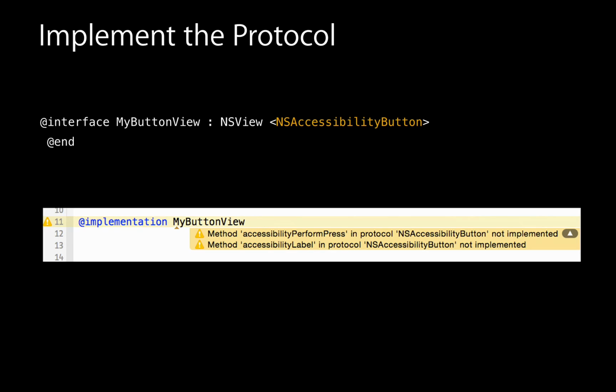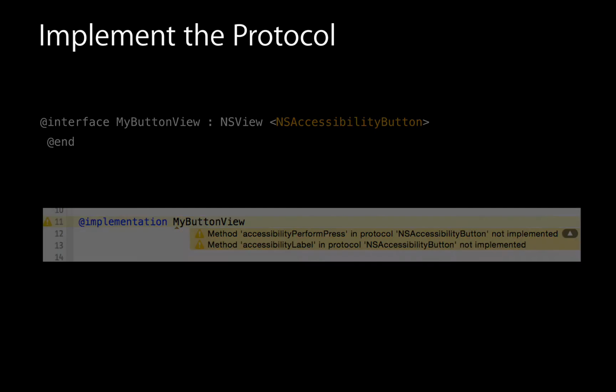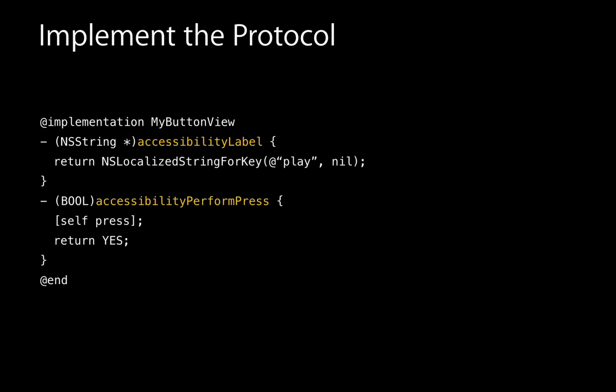The good thing is now the Xcode compiler will give you some warnings and tell you what you need to implement. So in this case, you have to implement the accessibilityPerformPress and accessibilityLabel methods. So let's go ahead and do that. In your implementation file, for the accessibilityLabel method, just return a localized string of the word play.